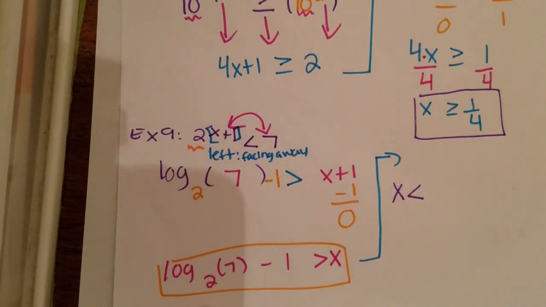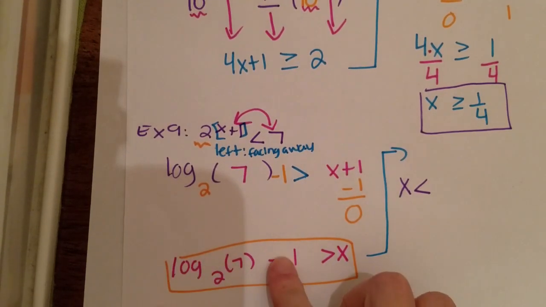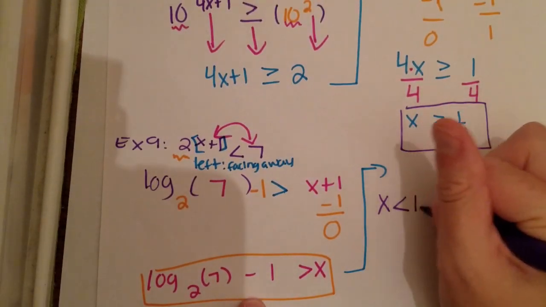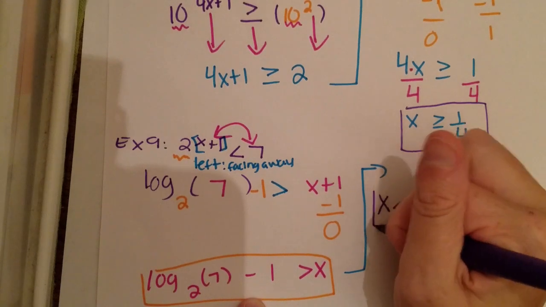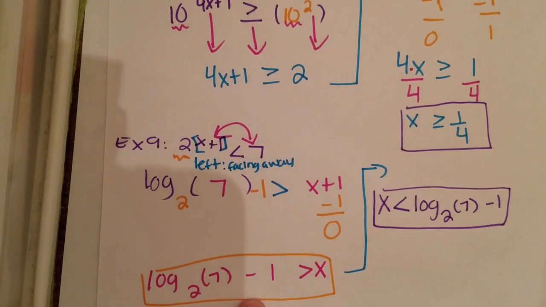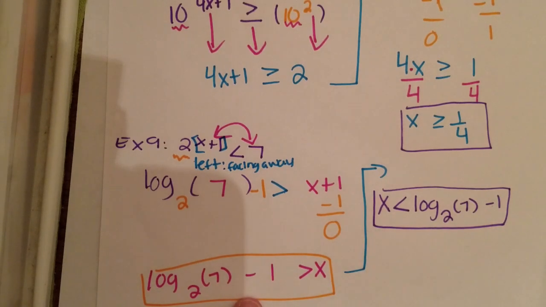So it's going to flip again, because I like my x to be on the left-hand side. And then I'm just going to write all that next to it. So we have log base 2 of 7 minus 1. So this would also be an acceptable answer. If it does not irk you when x is not on the left-hand side, you can leave it like that though. But either of those are correct.